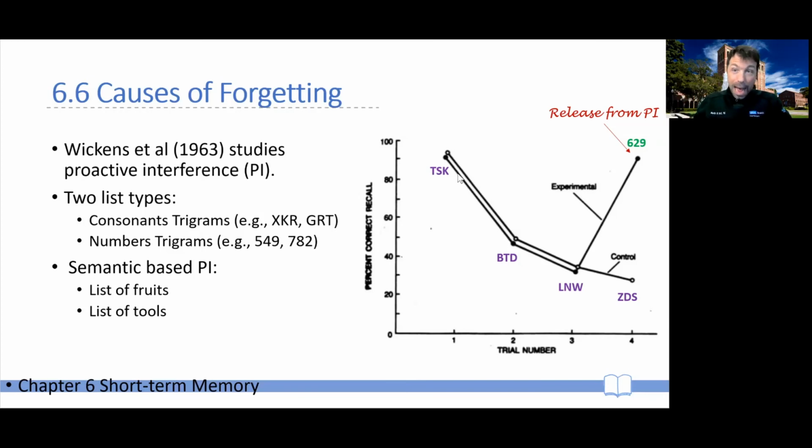And so the fact that you can get interference on the basis of whether something is a word from a list of fruits or a word from a list of tools means that long-term memory is probably organized in a semantic fashion. But we're going to get to this later on.